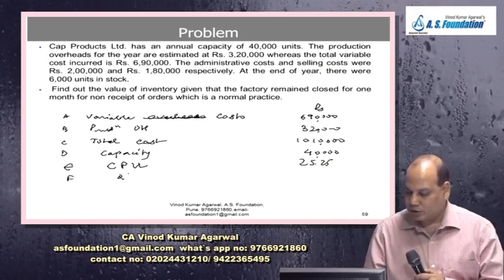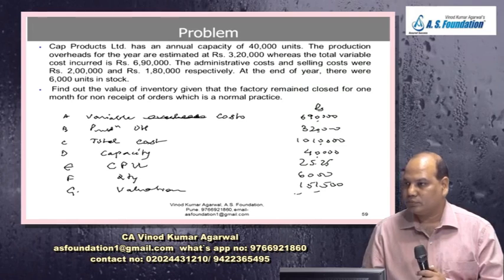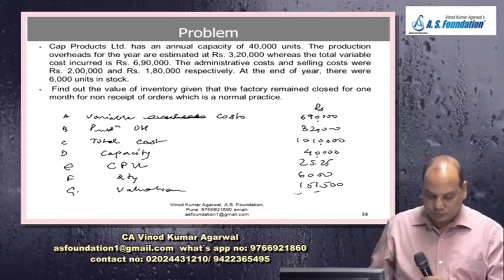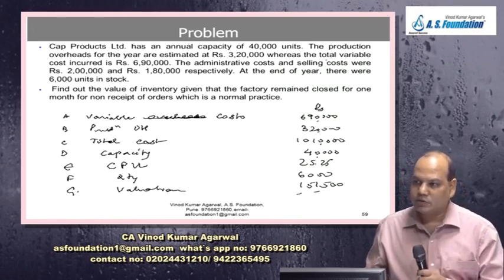And what is the quantity in closing stock? 6,000. So therefore, the valuation will be 1,51,500. And then you have to write a note, which I have written in the note, that inventory cost will not include administration and selling cost.